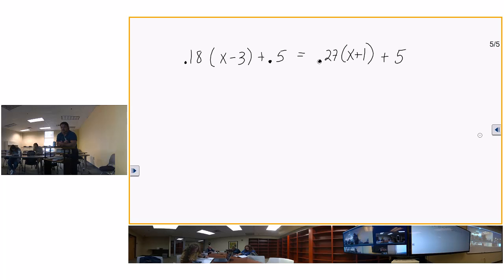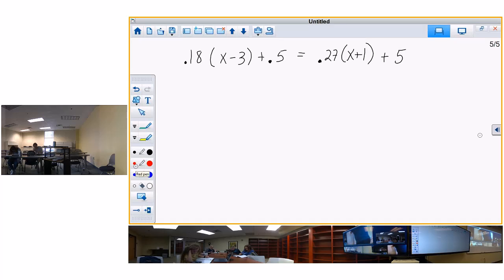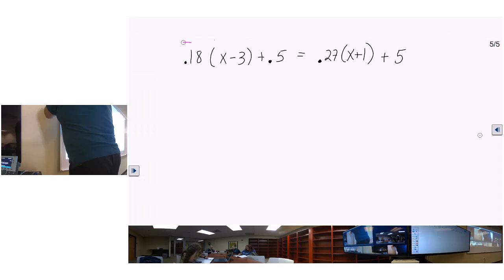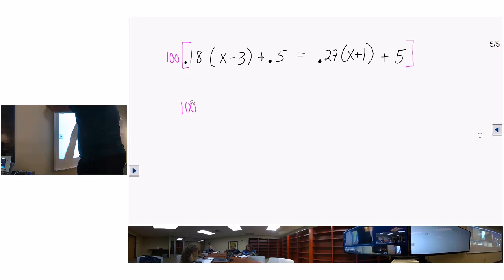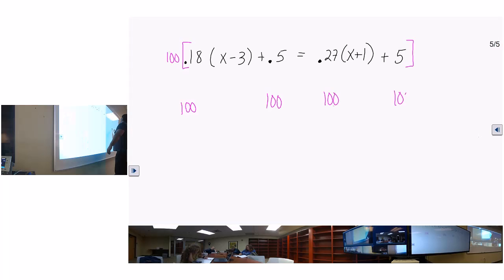Because that will move the decimal point to the right 2 places. So I'm going to take my handy dandy magenta and multiply through by 100. I'm going to put a baby step in here so you don't screw it up: 100, 100, 100, and 100.